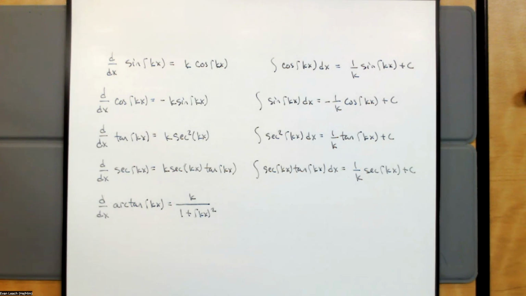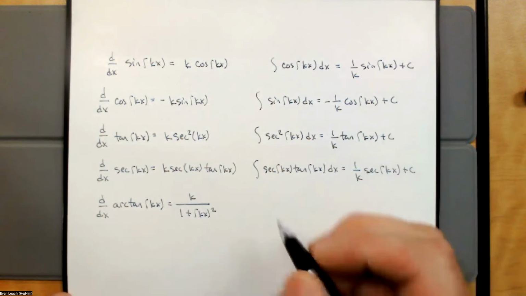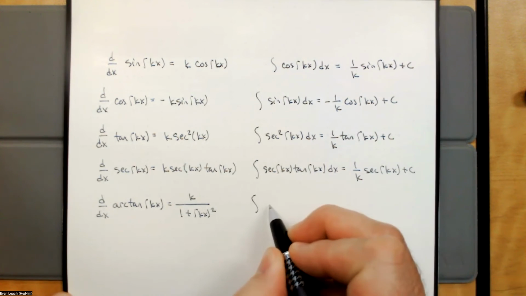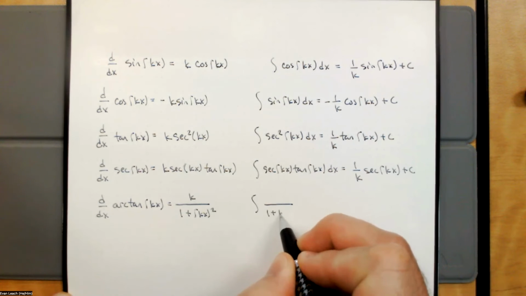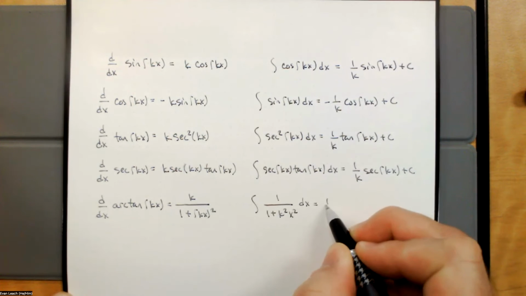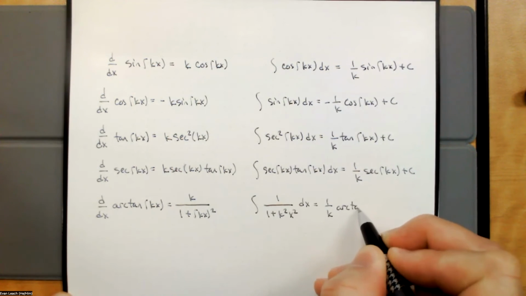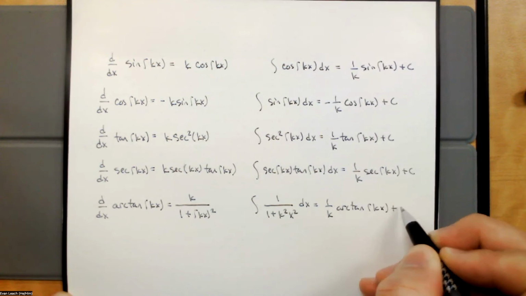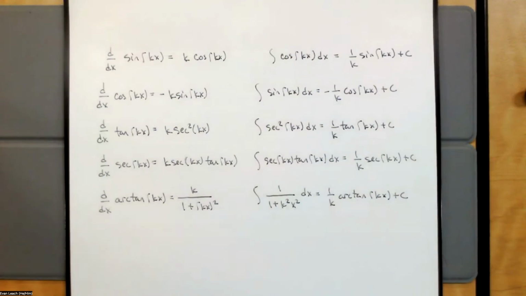So the integral of 1 over 1 plus kx squared is arctangent of kx. All the derivatives we know are now integrals we know.